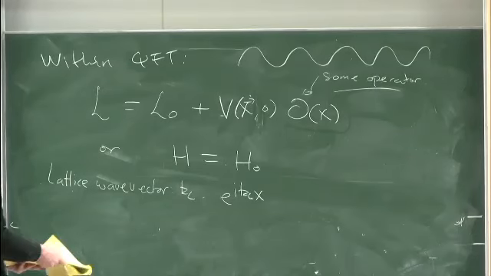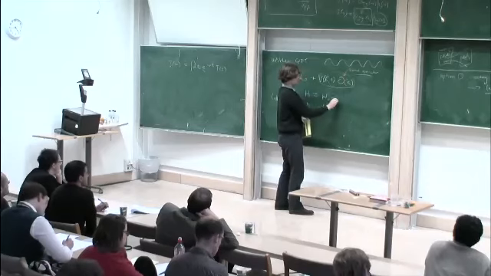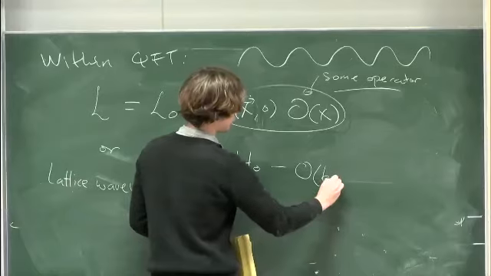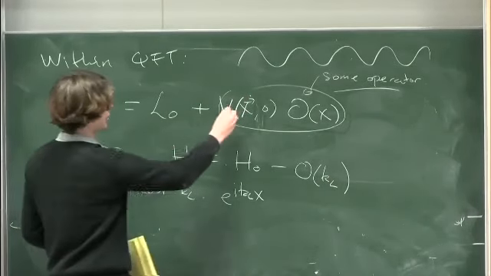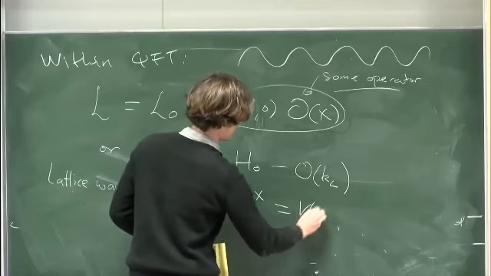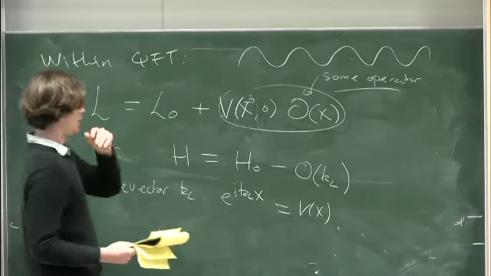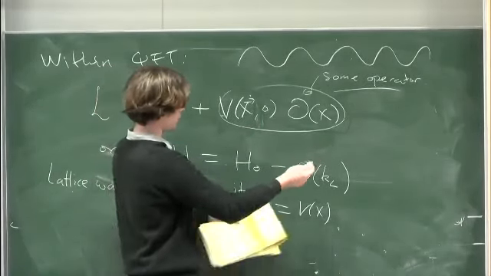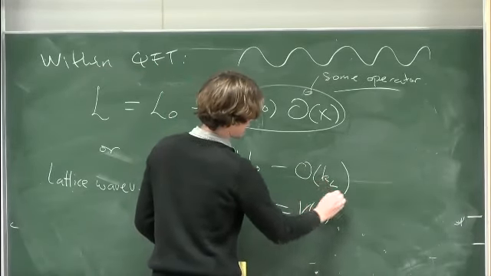So it's something like e to the i KL x, possibly with some pi's or something. And so what you're going to get when you Fourier transform this, if I write it in momentum space, is that this operator is only being inserted at the lattice momentum, because V(x) is oscillating with a single frequency, that's called a lattice.